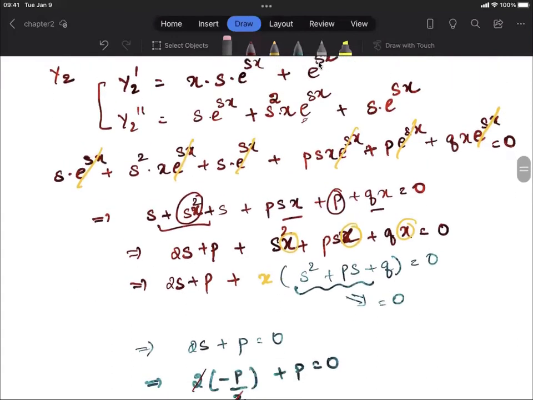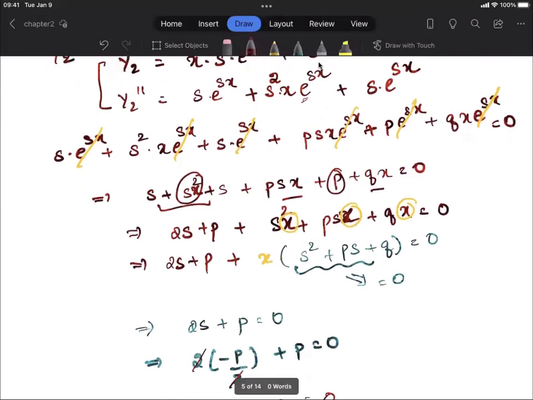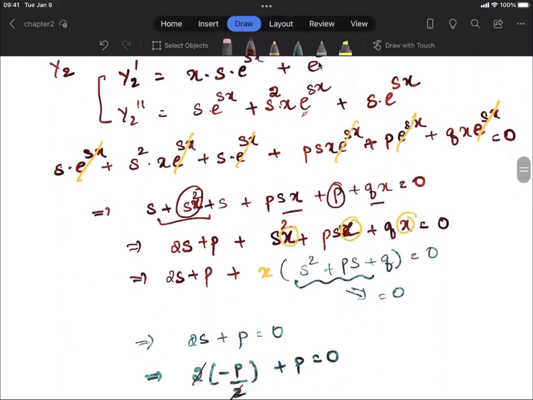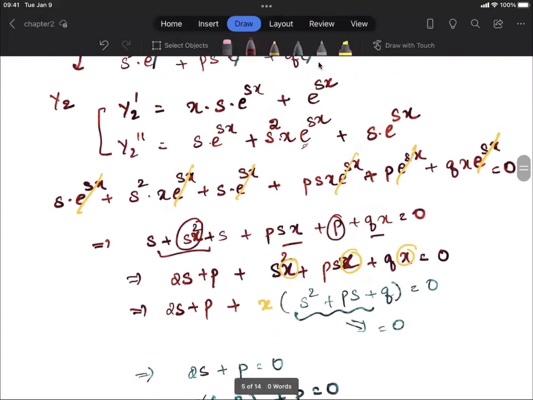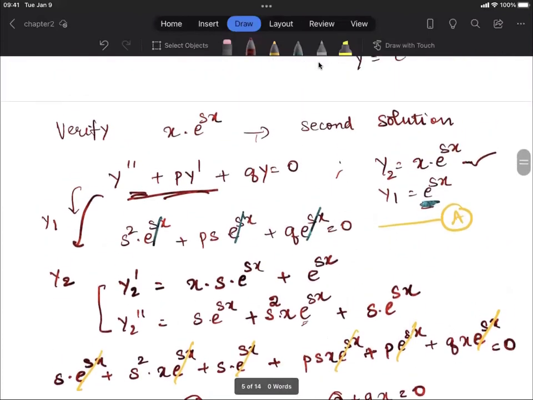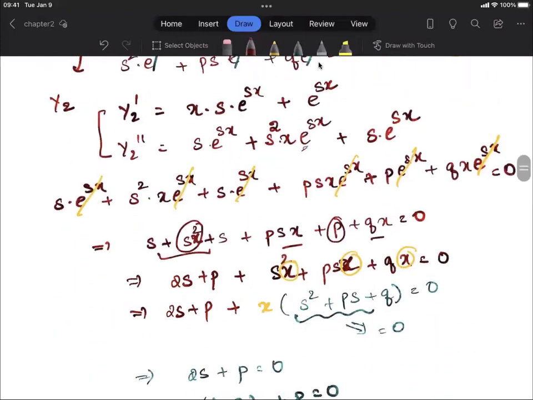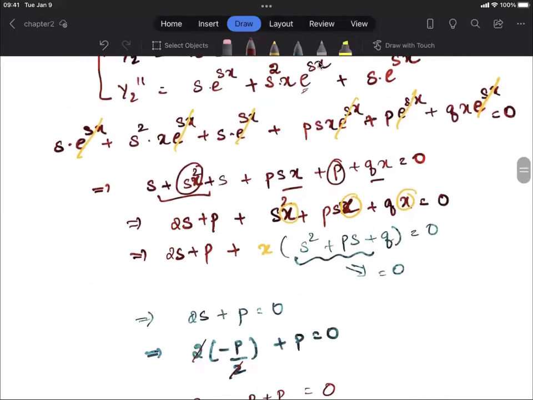Okay, so I actually want to make a correction. When we were trying to prove that y2 is a solution, I plugged in the values and I actually equated it to 0, which is not something we are supposed to do because we don't know if that is 0. So it was a mistake on my part to equate it to 0.